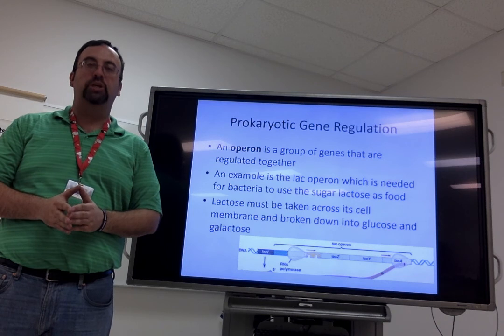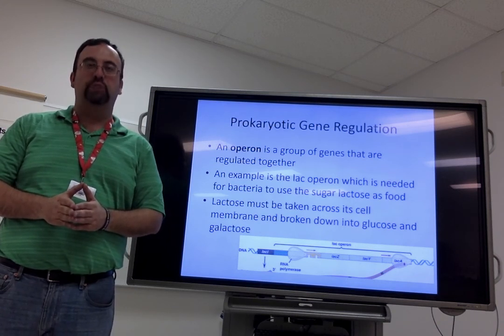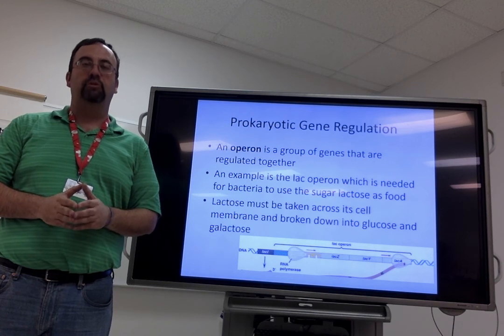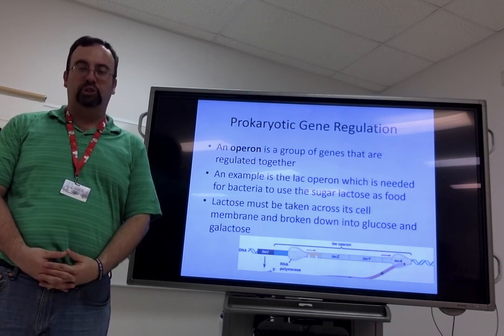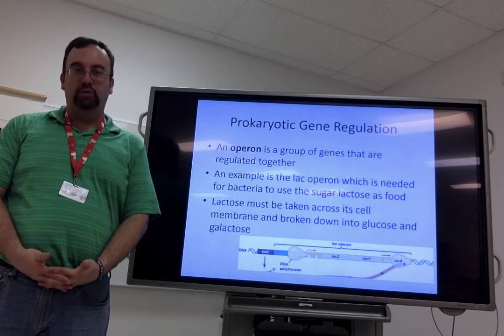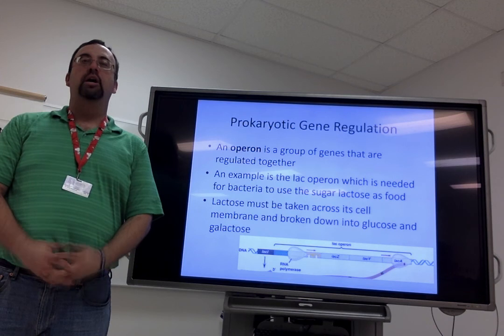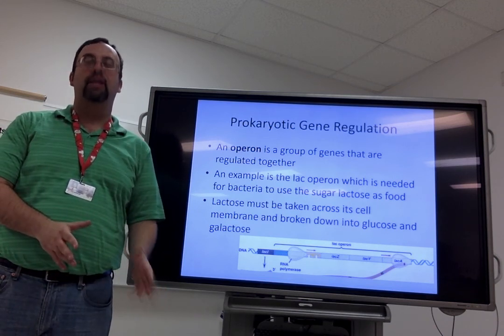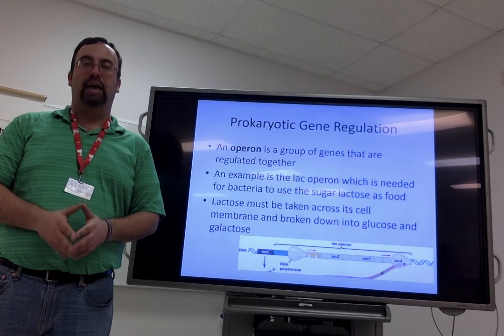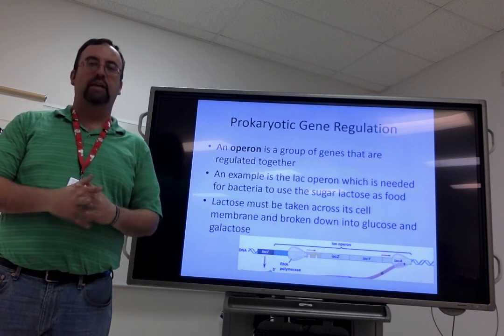Lactose, again, is referred to as a disaccharide, and if you remember, the prefix di refers to the number 2. And so lactose is made up of two different sugars: glucose and galactose. In order for the lactose to get transported into the bacterial cell, it first has to get broken down into galactose and glucose.